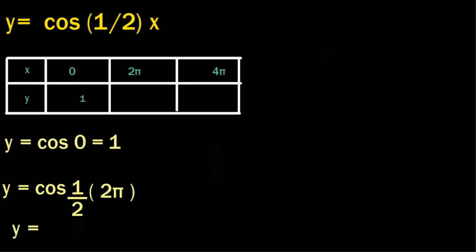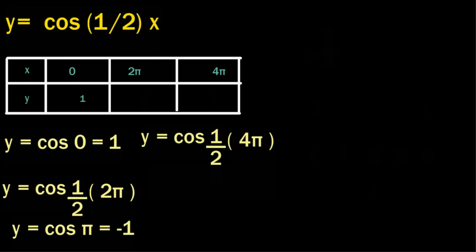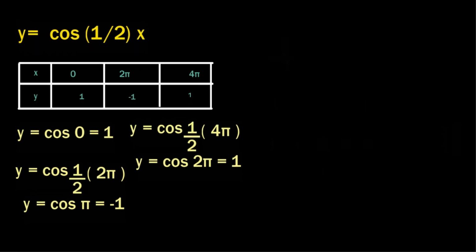We will get cos pi, which is -1. For x equal to 4 pi, cos half 4 pi gives cos 2 pi, which is 1. So the answers will be 2 pi, 4 pi, negative 1, 1.